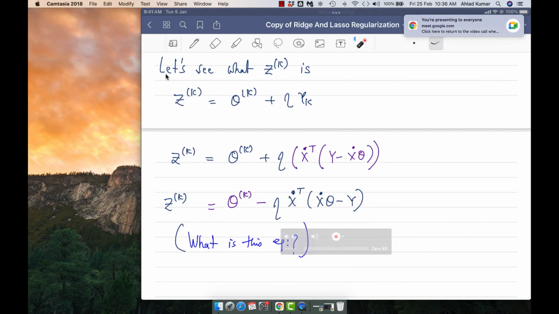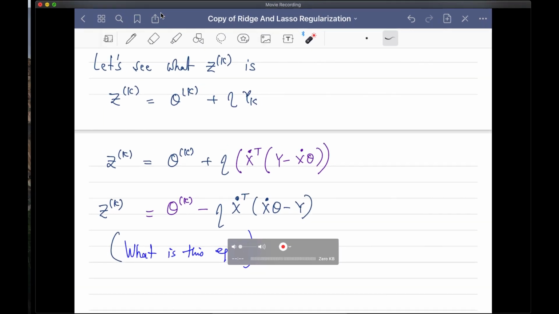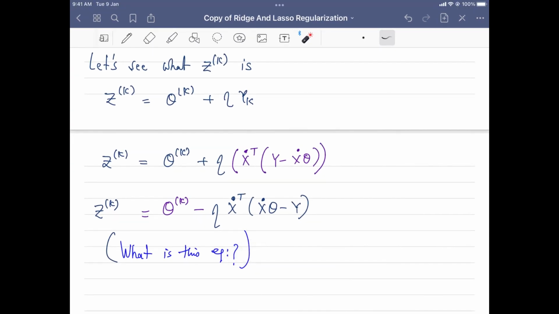Okay, this one. So this expression, have you seen it somewhere? So this means you people are not studying.